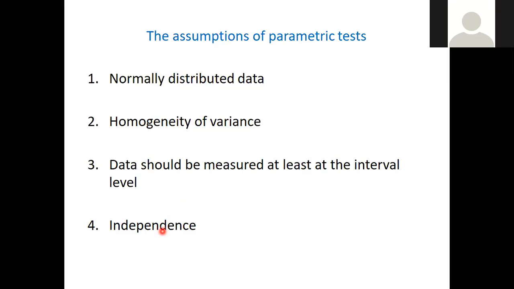Homogeneity of variance means that even though the two groups you are comparing, you want to see that the means are different, but their variances must not be different. That is, how widespread they are around their mean must not be different.